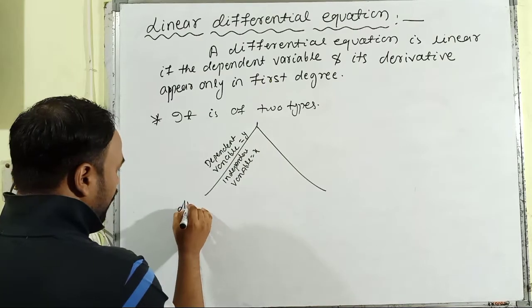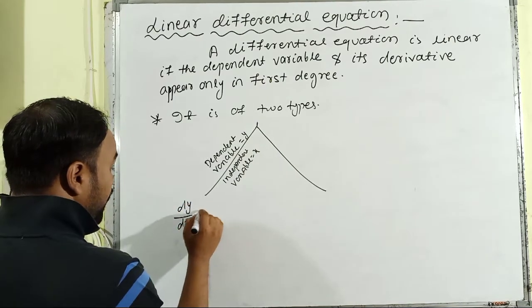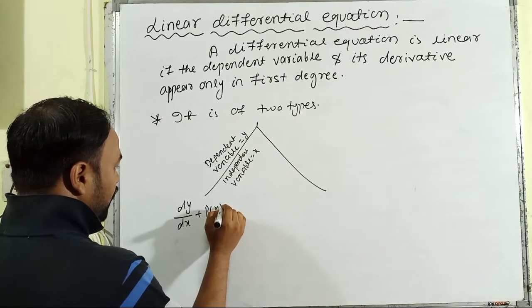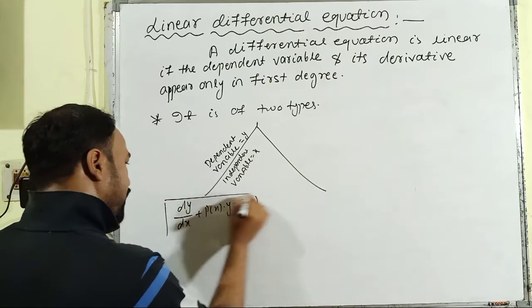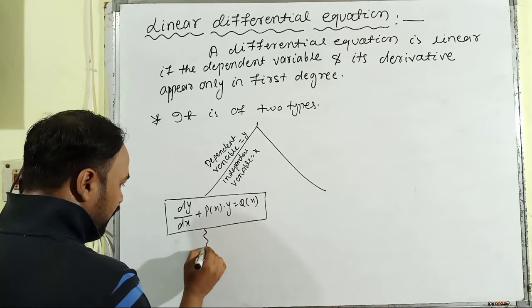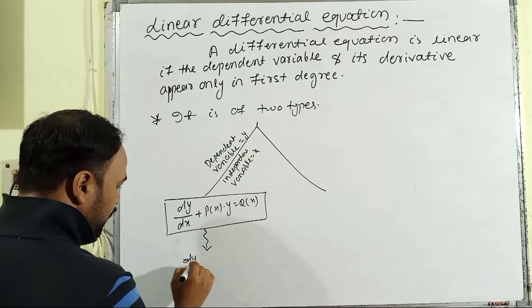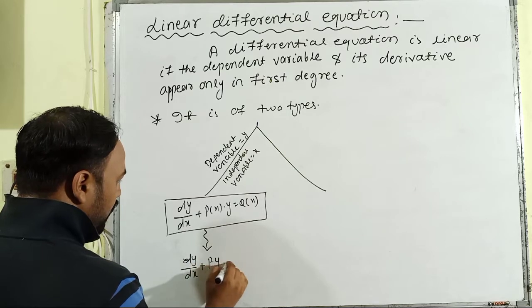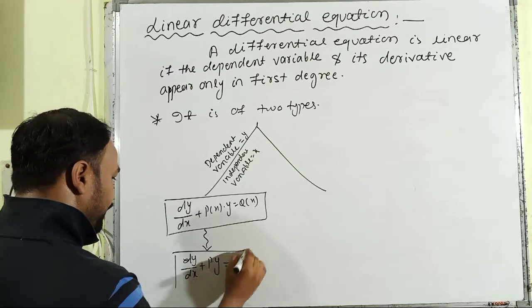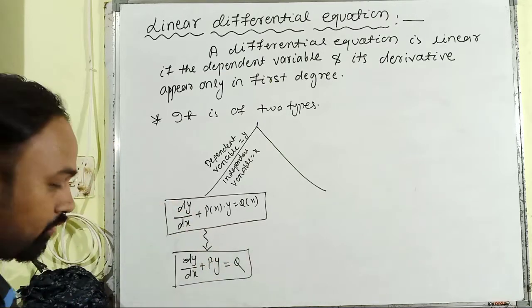So it will be dy upon dx plus p of x into y is equal to q of x, or simply written as dy upon dx plus py is equal to q. You may write down both of them.